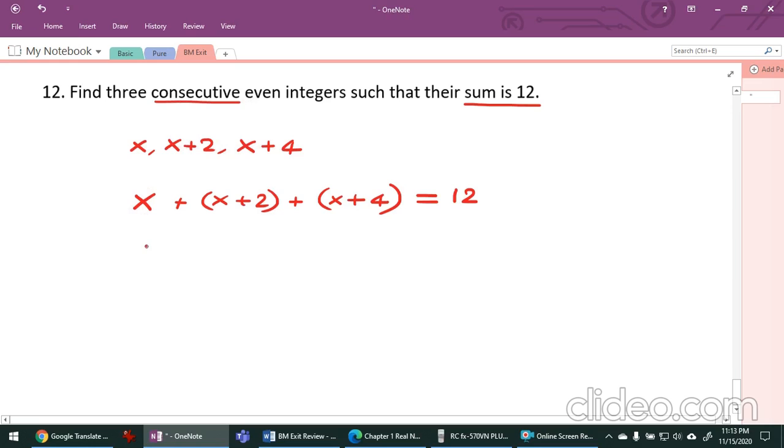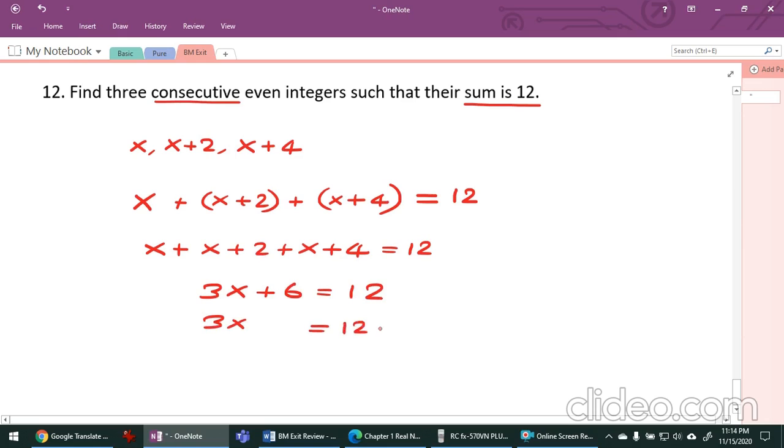So now I am opening the bracket. X plus 2 plus x plus 4 equal to 12. So how many x here? 1, 2, 3. So I have 3x plus numbers 2 plus 4, 6 equal to 12. I want x. Okay, so this 6 will go to the other side. So 3x equal to 12 minus 6.